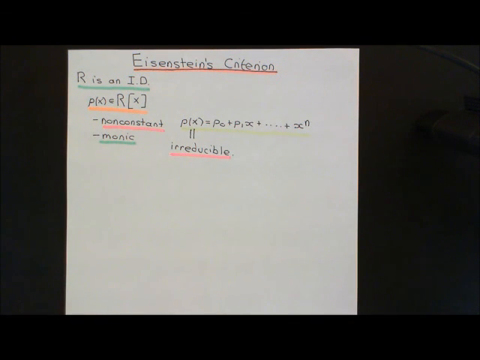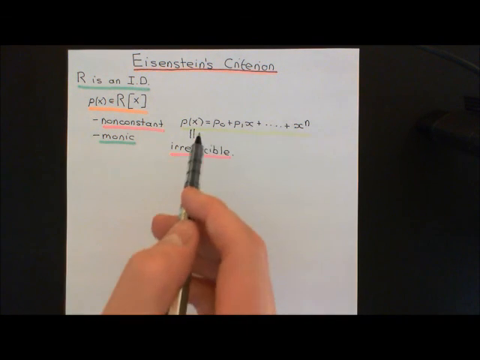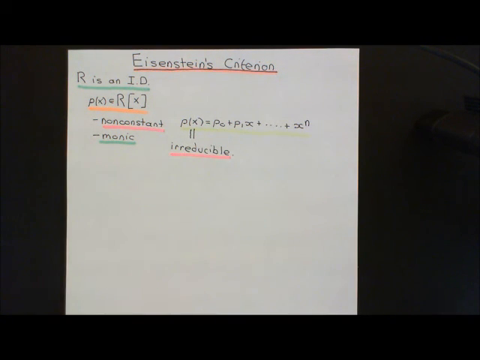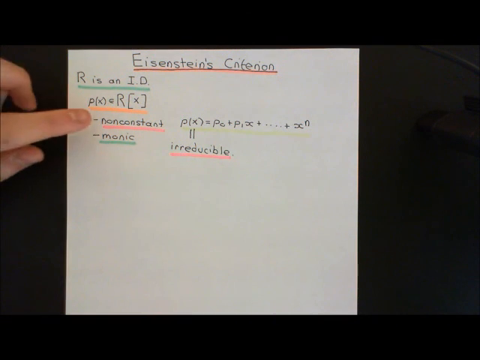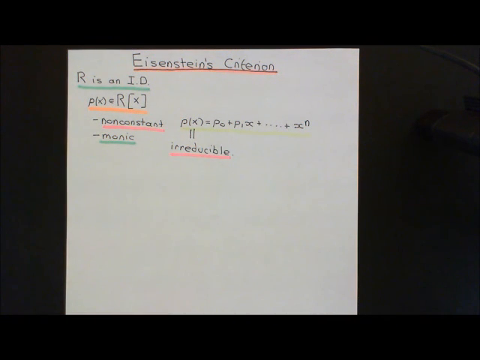Any non-constant polynomial is not a unit, and therefore it is applicable to apply the term irreducible or reducible to it. That's one of the reasons we want the polynomial to be non-constant.